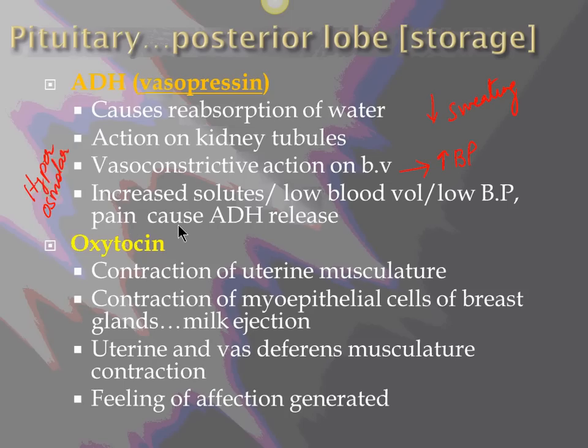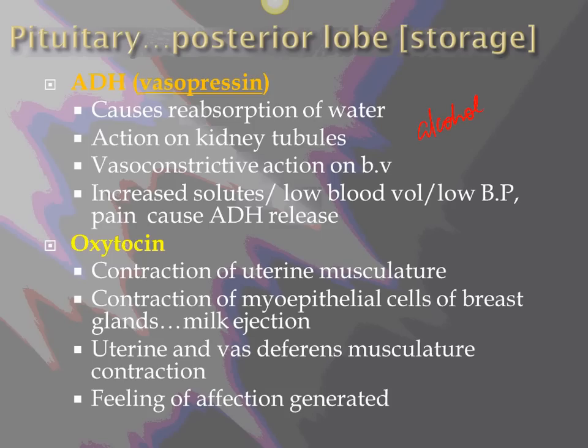And pain also causes ADH release. Sometimes very, very severe pain also causes the release of ADH. Things which prevent ADH release would be if there is too much water. Alcohol. Alcohol is one thing which, not only because of volume, usually when you drink alcohol, let's say you drink a few beers or you drink anything with soda or water, there's volume you're drinking, right?